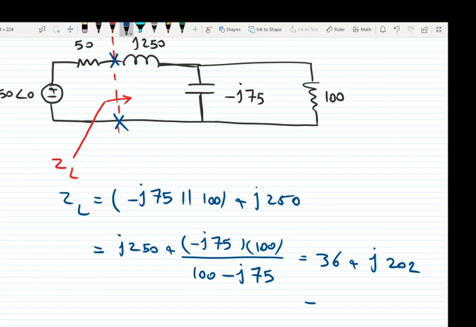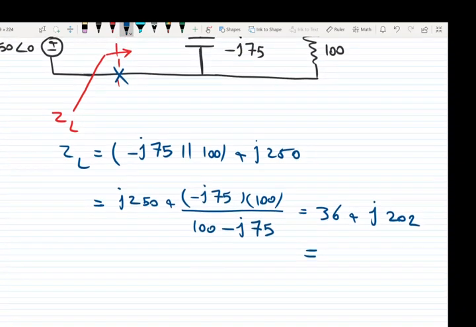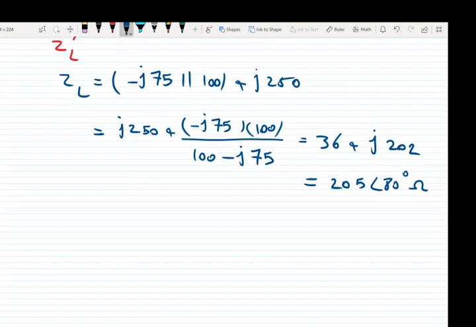If we convert this value to polar form, it will be equal to 205 angle of 80 ohms. So this one is ZL.